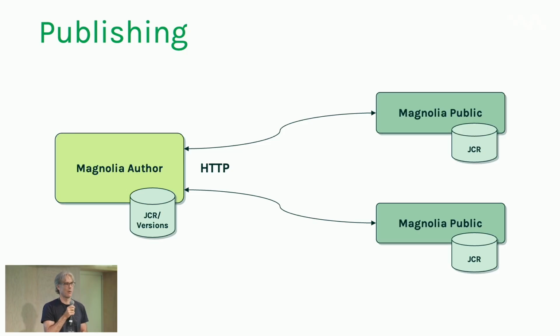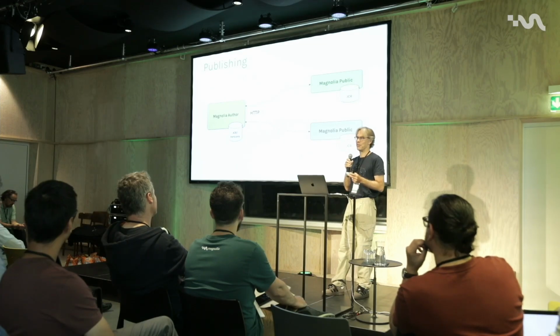When a content author is ready with editing some pages, creating some pages, he publishes the pages, which will create a version of that page, which means there's a version of that actual state being persisted on the author instance in the Java content repository, and using, and this is a bit of a crucial part, using the Java content repository versioning feature, which turns out to be slow.